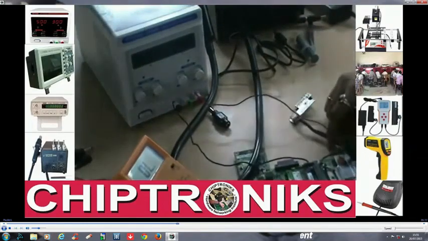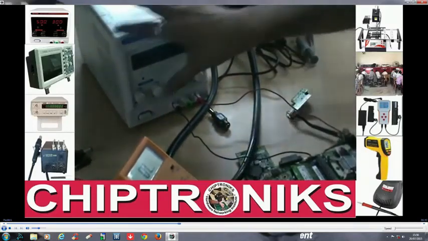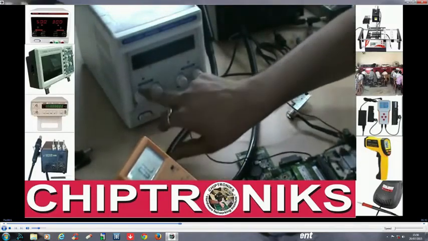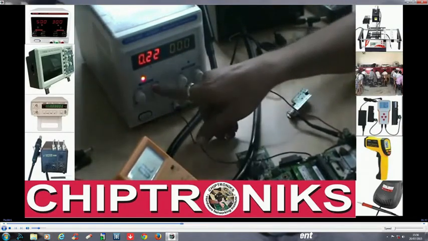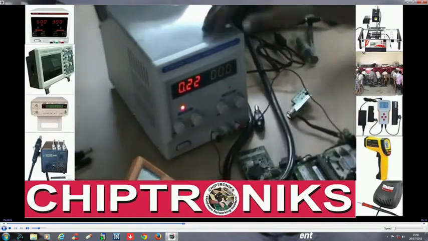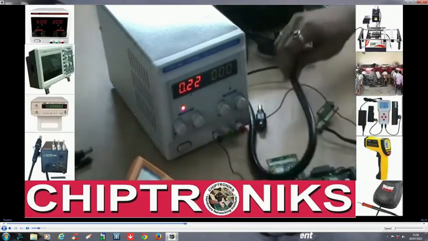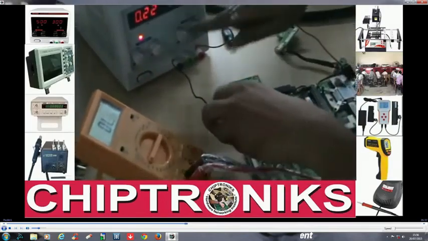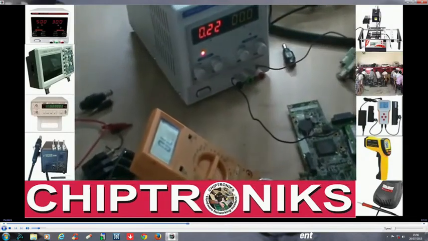Okay, now completed. Now I'll start. Look, shorting present in this board. Here I get the red LED on.